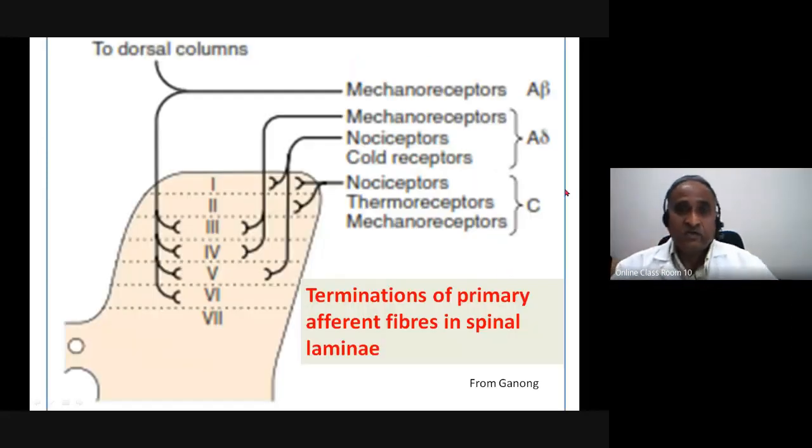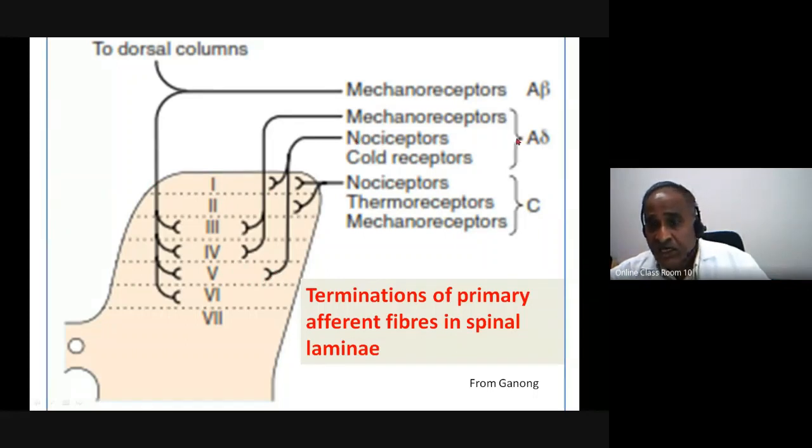Now, this is what I wanted to say. You can just see that the mechanoreceptors of the A delta fibers, which carry the touch sensation, are relayed in laminae 3 and 4. Then nociceptors, which are the thinly myelinated nociceptors, are carried to lamina 1 and lamina 5.